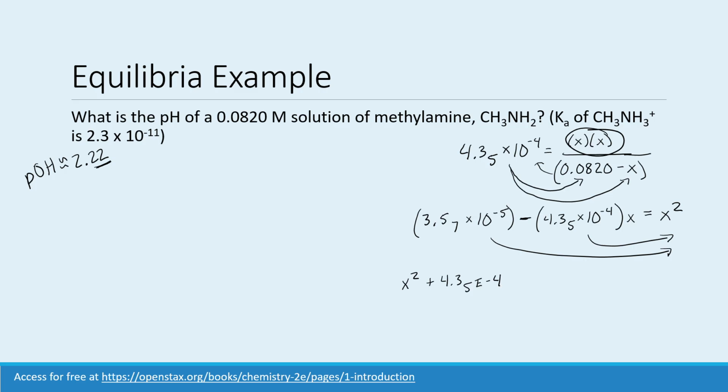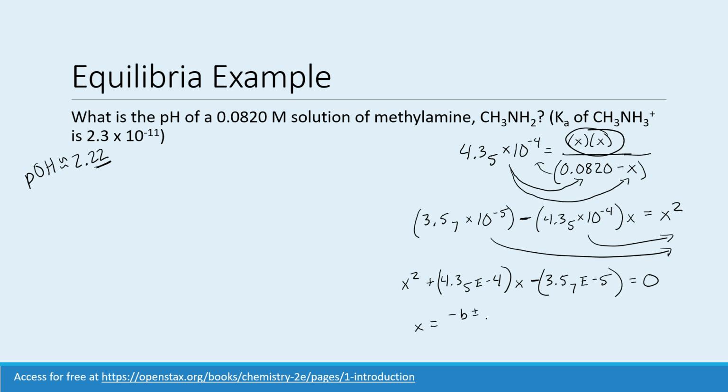We're going to make that 4.35 E-4 so that it looks like what's in your calculator. Okay, so that's times x. And then minus the last expression, that's our 3.57 E-5. So again, it looks like what you have in your calculator. And that equals 0.